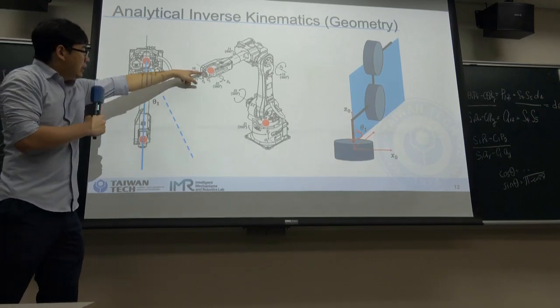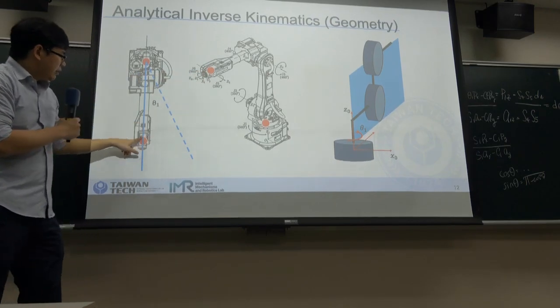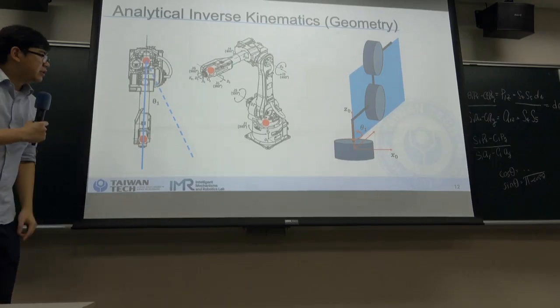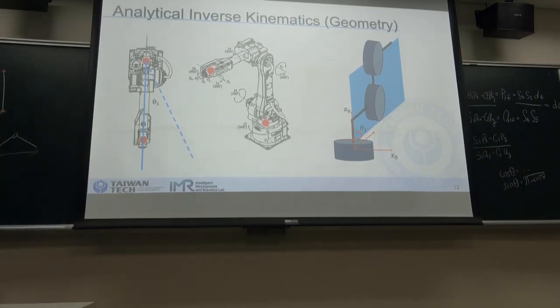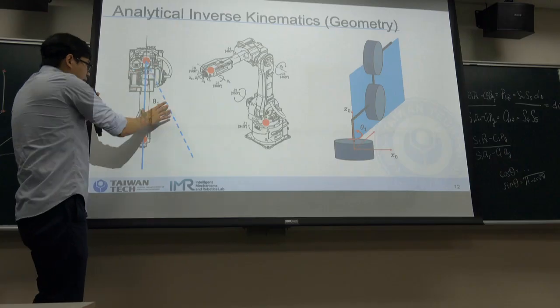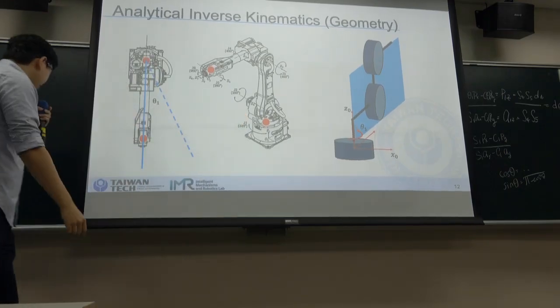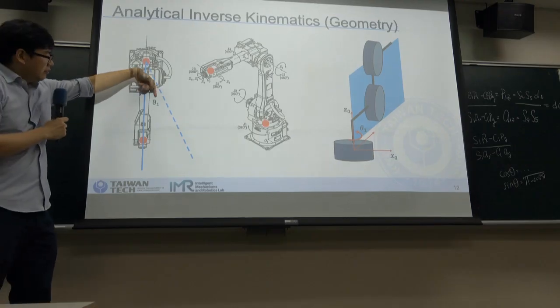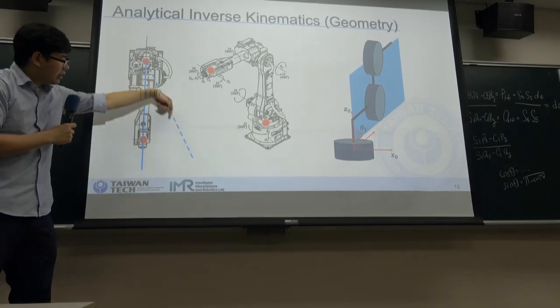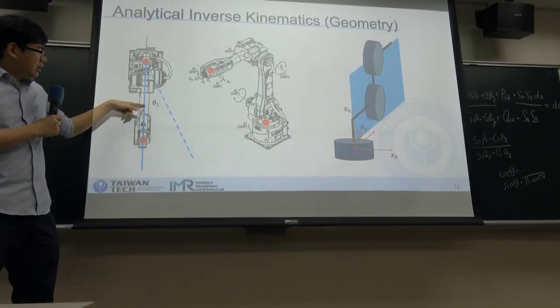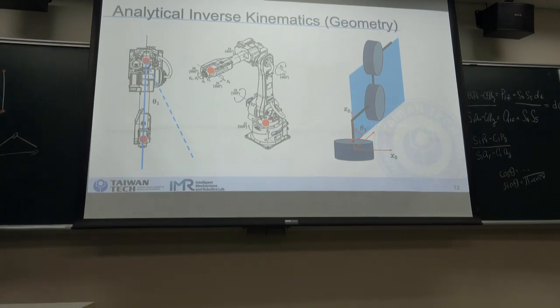And then we get to joint 5, this is the joint 5 position. In total, the only joint that can affect this rotation is joint 1. So if we can find the line vector from here to here, then we can get theta 1. This is how we get it.